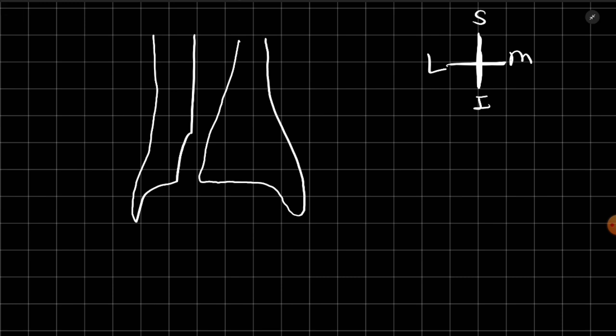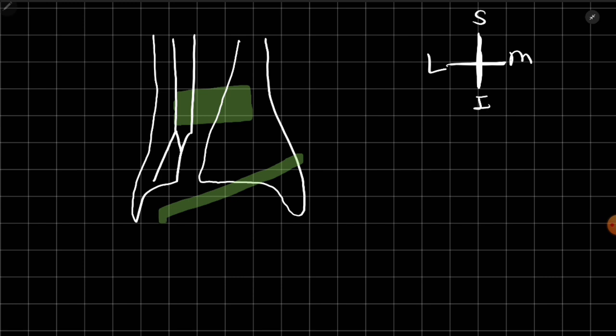Now first I will draw the attachments, and then I will tell you the attachments theoretically. Now the superior extensor retinaculum is attached like this. It is a single band. The inferior extensor retinaculum is attached like this. It is a Y-shaped band.